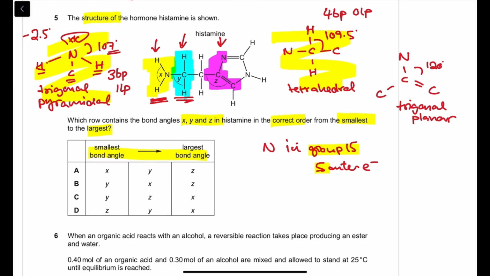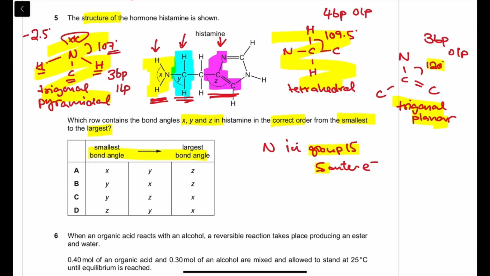Then the last structure would be this pink one right here, and it is trigonal planar. It is an atom bonded to 3 other atoms. So 3 bonding pairs and 0 lone pairs. So we have our trigonal planar, and this tends to have a bond angle of 120 degrees.